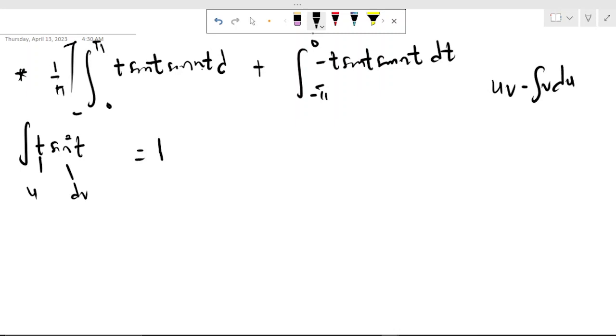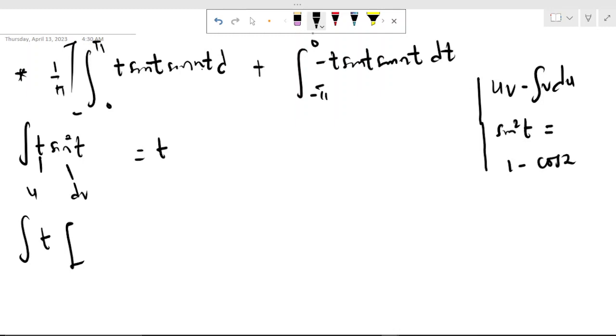So we have t, where v is the integral of dv. And now to integrate sine square, one trick I use is to change sine square. There are lots of trigonometric functions that we should know. This will help us in solving calculus. So we have sine square t is equal to 1 minus cos 2t all over 2.